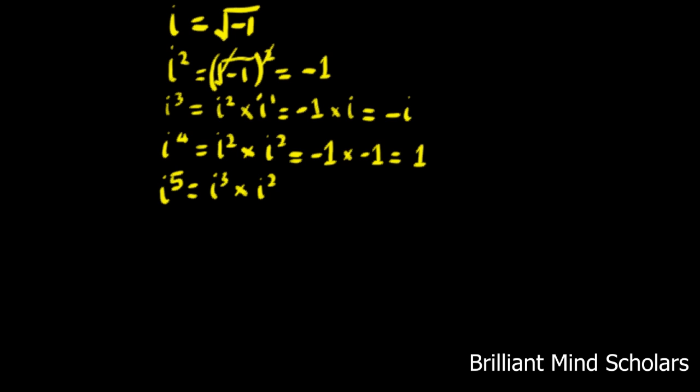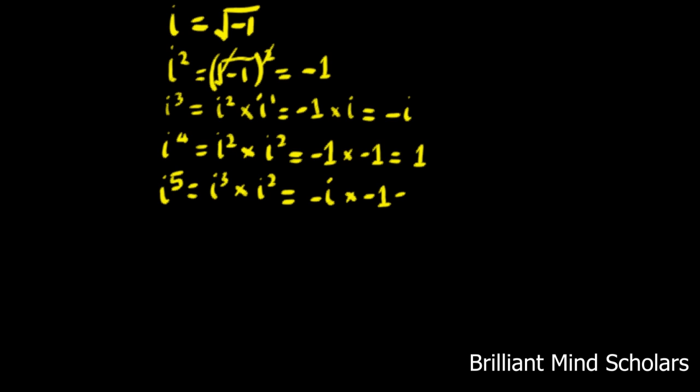Now, i raised to power 3 we have gotten from our studies to be minus i, and i raised to power 2 we have gotten to be minus 1. So this will be minus i times minus 1.